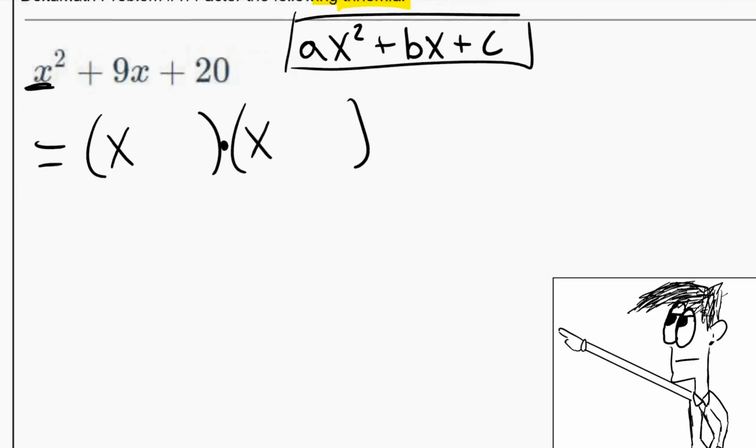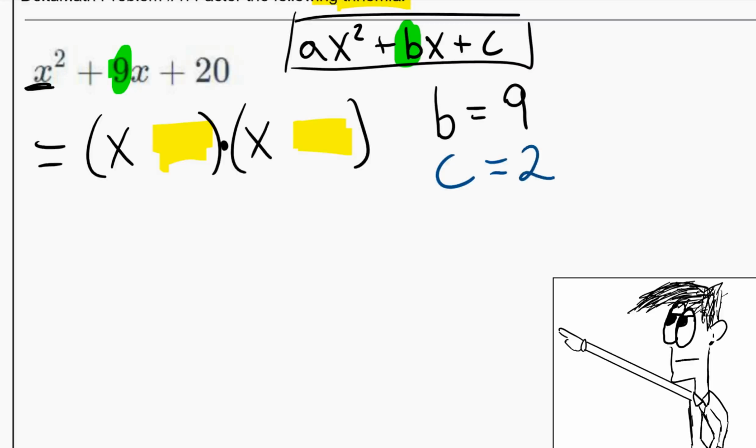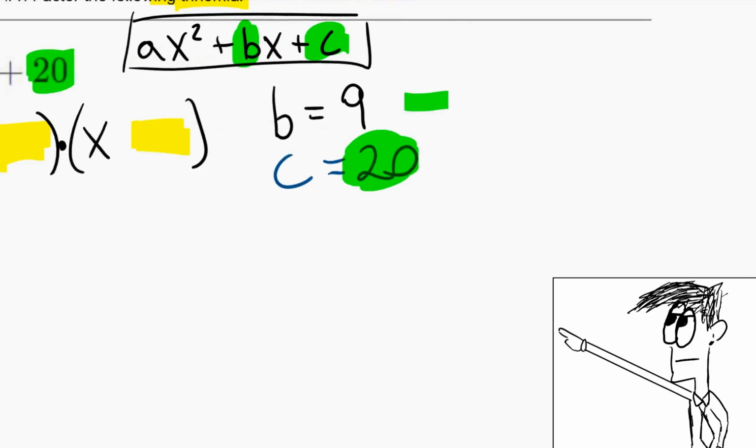Now to find out what these other numbers are, what you need to do is figure out what b is. B is 9 in this case. And we also need to know what c is. C happens to be 20 in this case. Okay, so once we know those 2 numbers, we set up 2 operations.